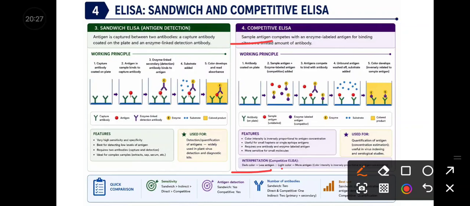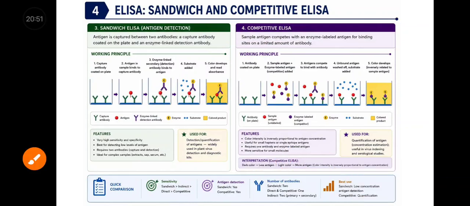Because that can develop any color, the relation here is indirect. If more color is developed, it means less sample antigen is there, and if it is developing light color, it means more sample antigen is there.